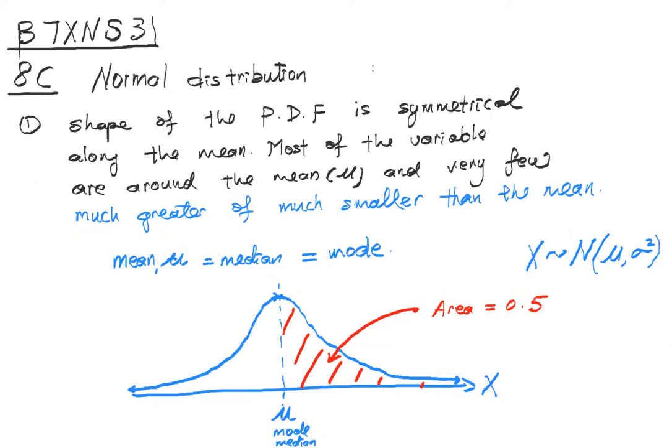Because the probability from the median to the upper boundary is 0.5. That is the meaning of median, correct? Median means 50% of the values will be more than the median and 50% will be less than the median. Am I right? And we know that the sum of the probability is equal to 1. So half of it will be 0.5, because the area bounded by the probability density function tells us the probability, and it is a continuous variable, correct?